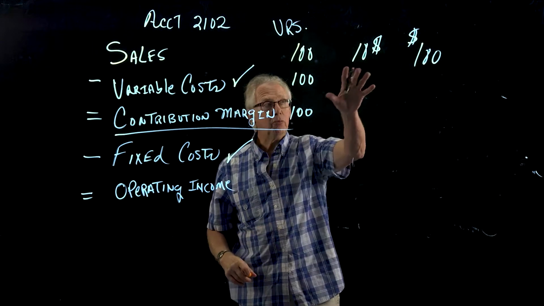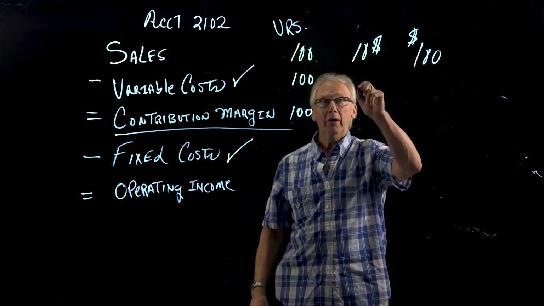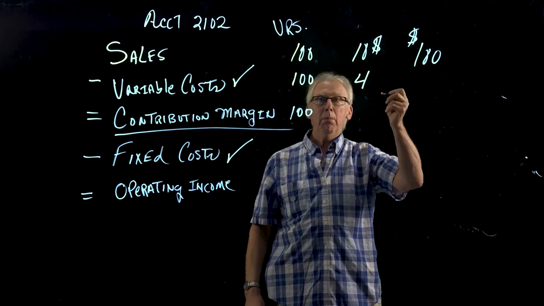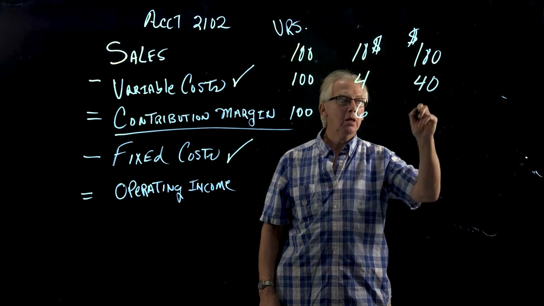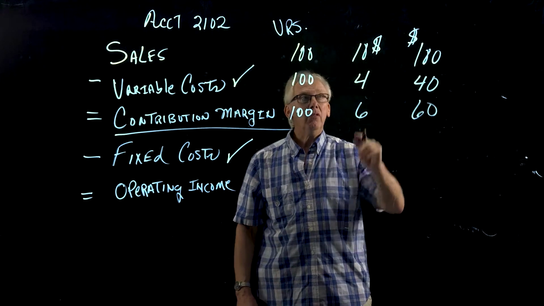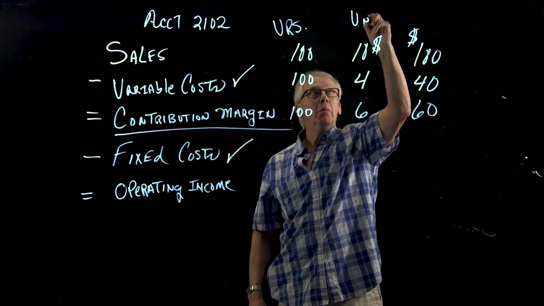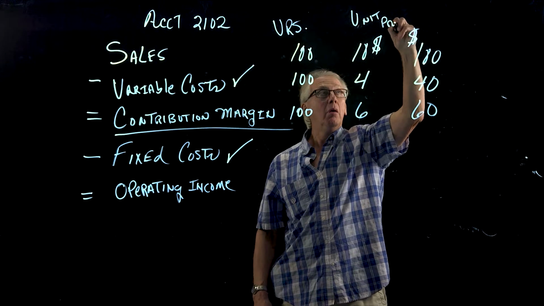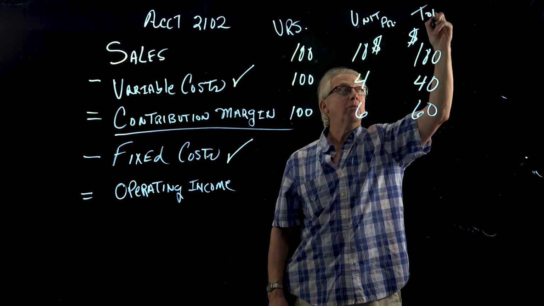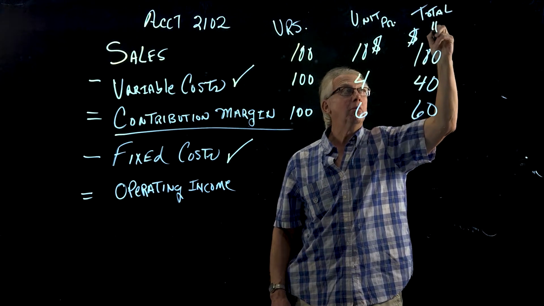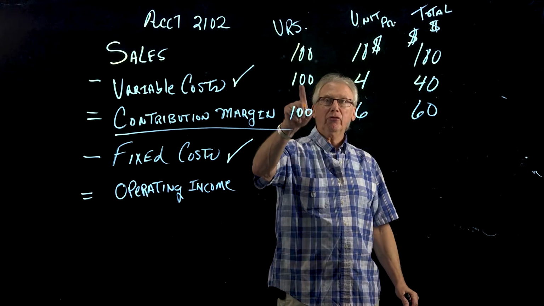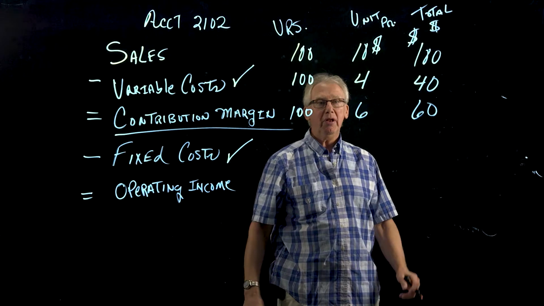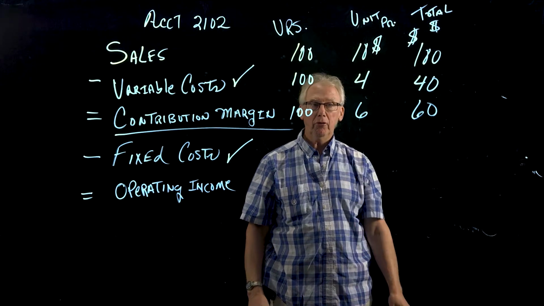Okay, now I'm just putting in some fictitious numbers here. Okay, these are unit prices, and these are total dollars. This amount is total dollars. Okay, so 100 times 10 is $1,000, 100 times 4 is $400, 100 times 6 is $600.